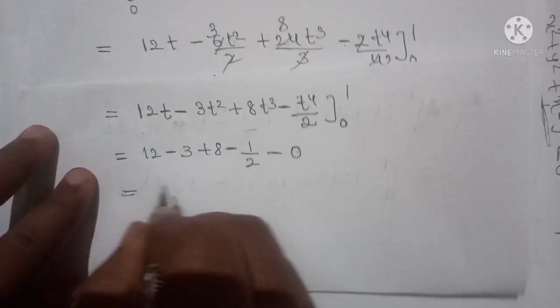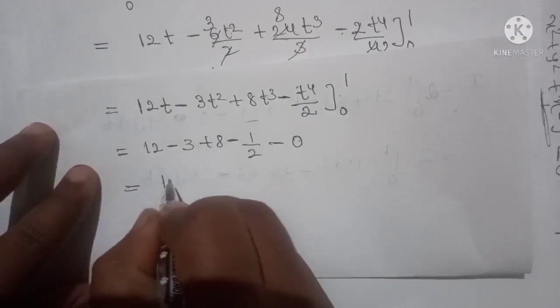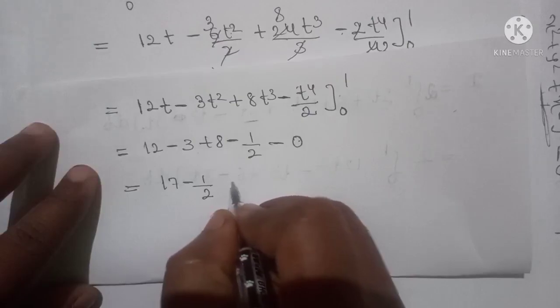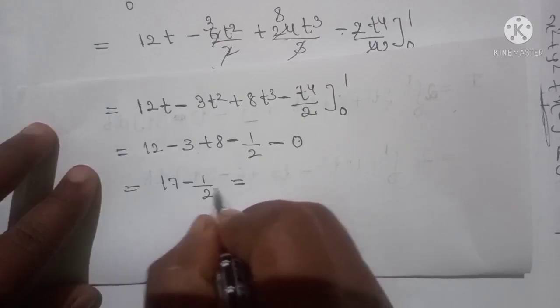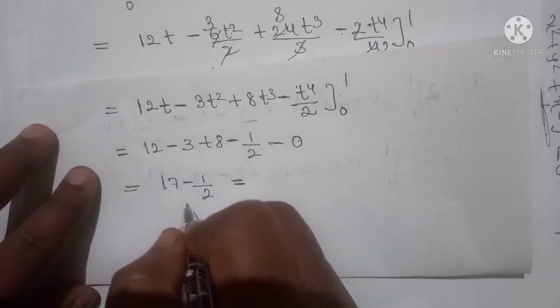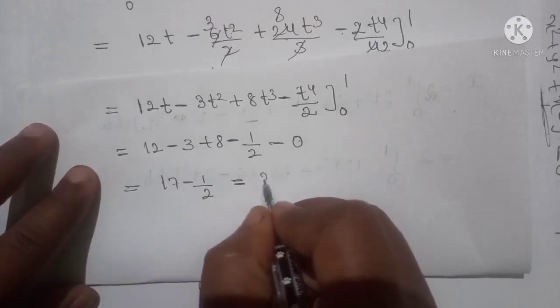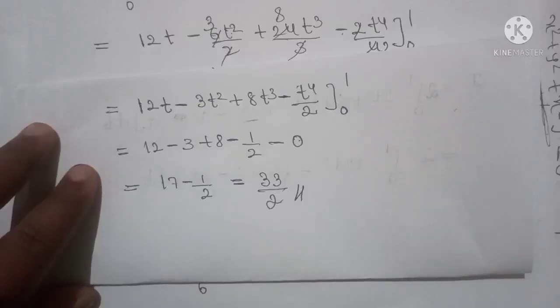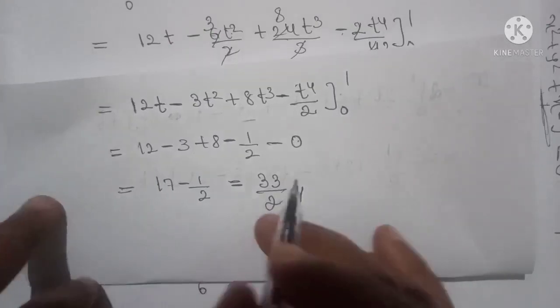Simplifying this, we get 17 minus 1 by 2, which equals 33 divided by 2. So this is the final answer.